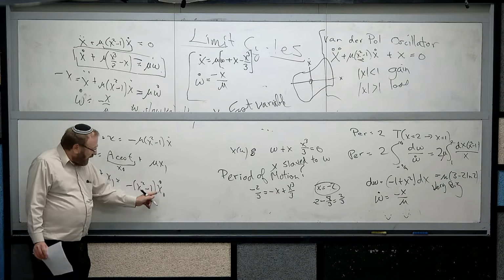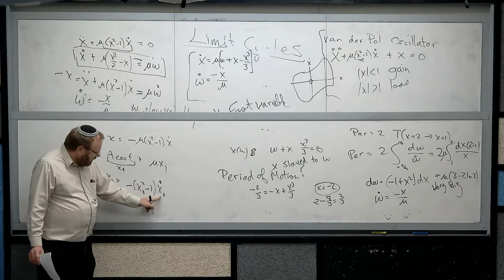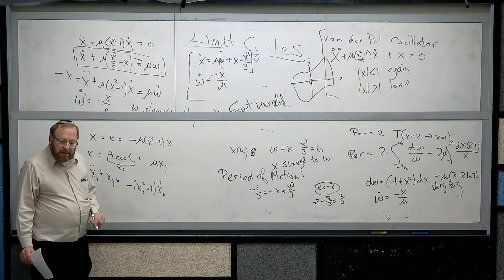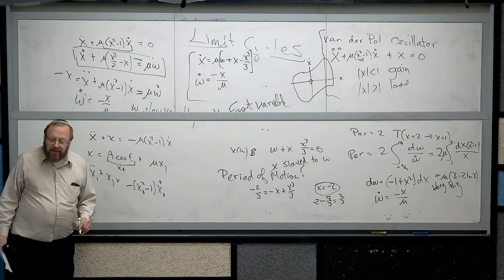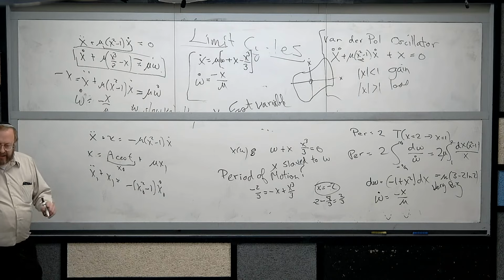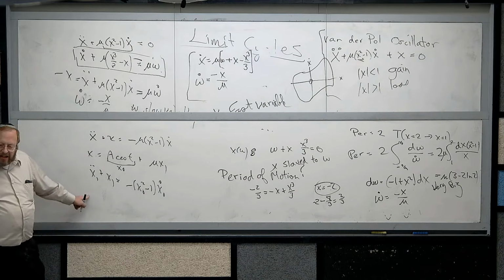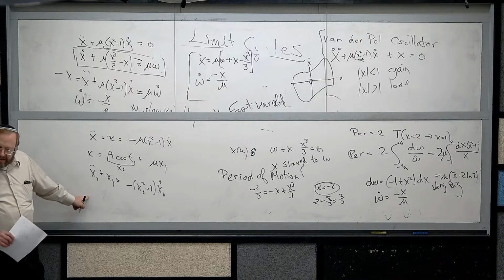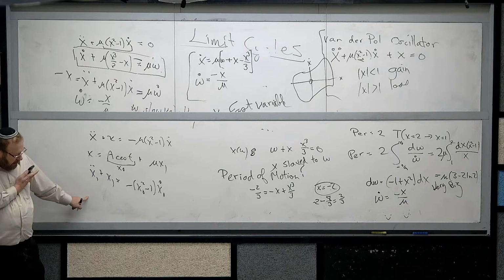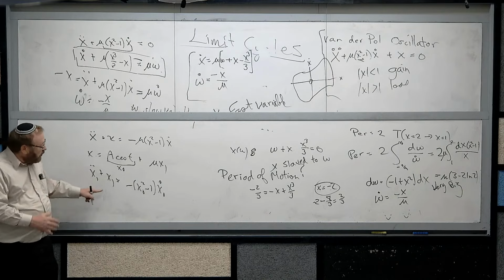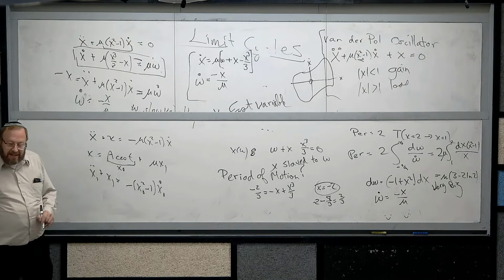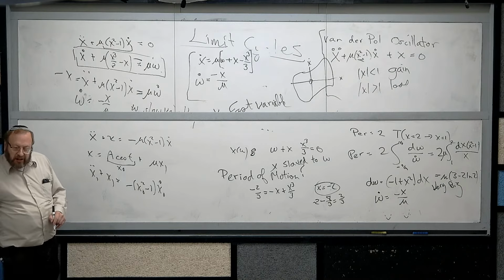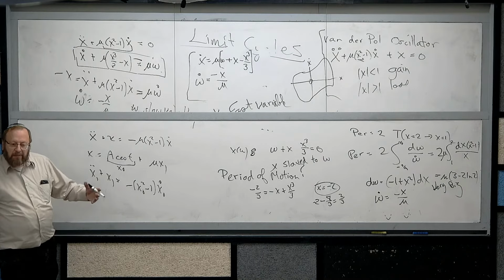When you do that, you see that there's, for example, the x naught dot term, which means that you're driving it periodically at the same frequency as the oscillator. And this is not a damped oscillator, this is an undamped oscillator. So you're driving it in resonance. What happens when you drive an oscillator in resonance? The amplitude grows.